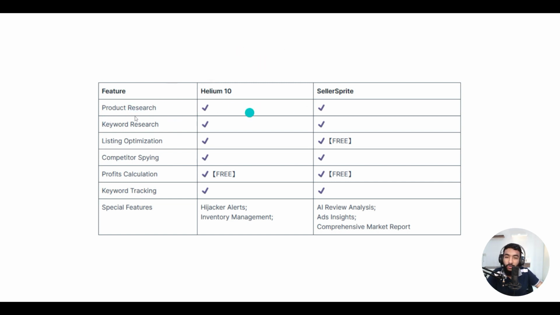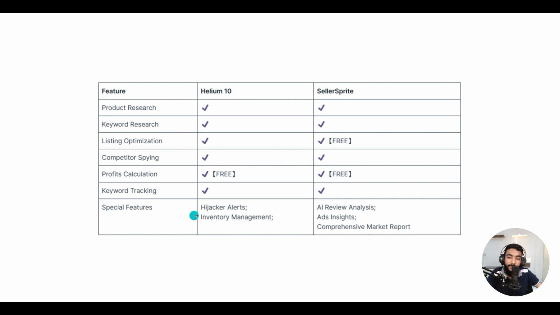They both offer product research, keyword research, and listing optimization. Helium10 also offers it, but in a paid plan, whereas Sellersprite offers it for free. Competitor spying and profit calculation are free on both sides, and keyword tracking is also available on both.